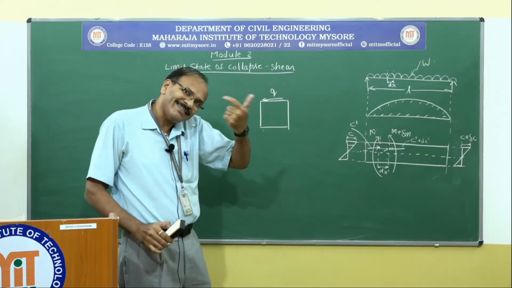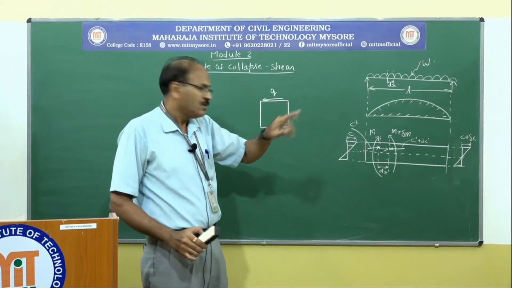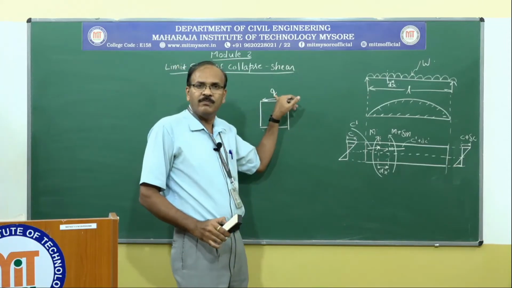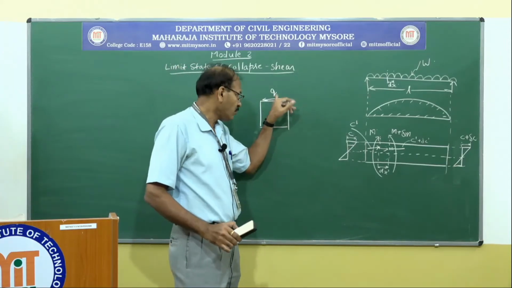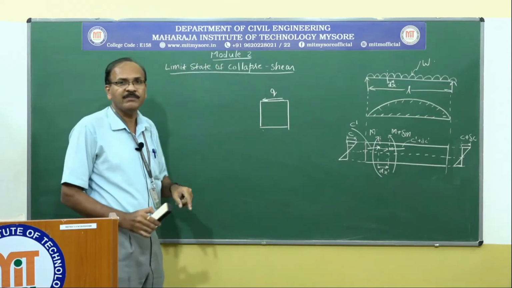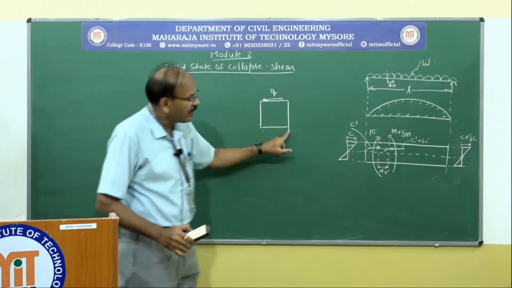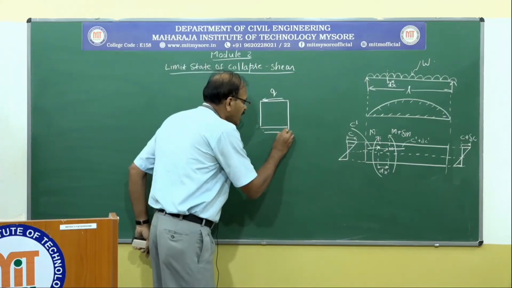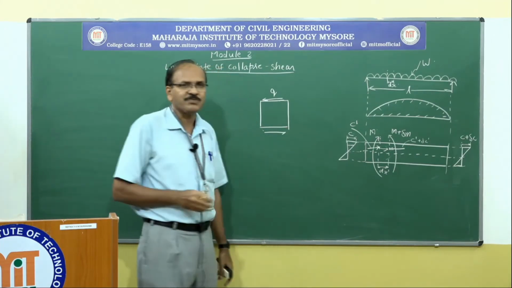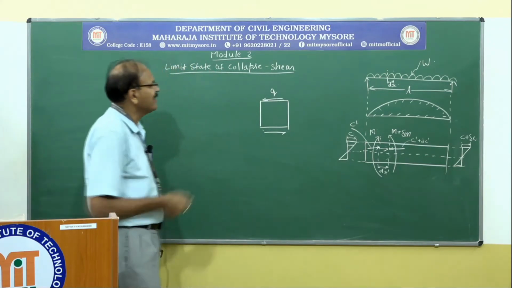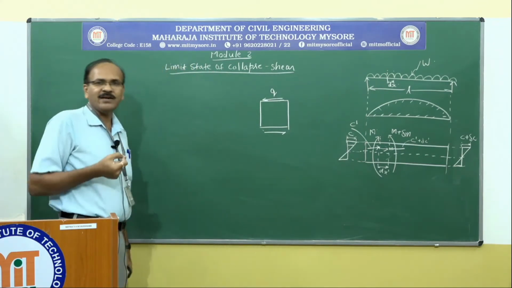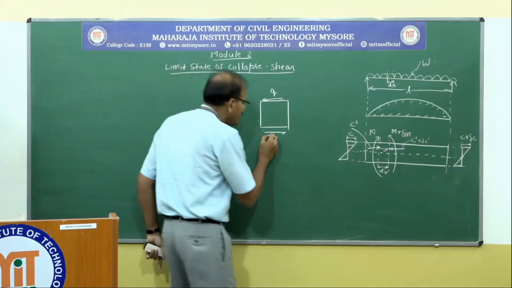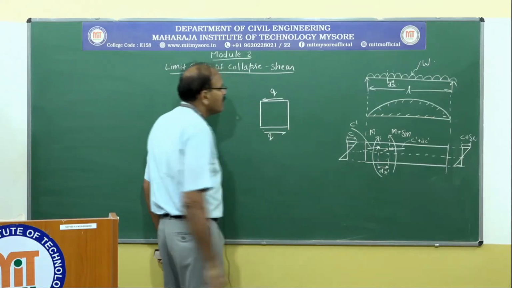Okay, when you convert that into stress, it is going to be Q. Okay, to maintain equilibrium, there is going to be equal and opposite force on this side, and if you convert that into stress by dividing that force by the area, then it is going to be the same Q.